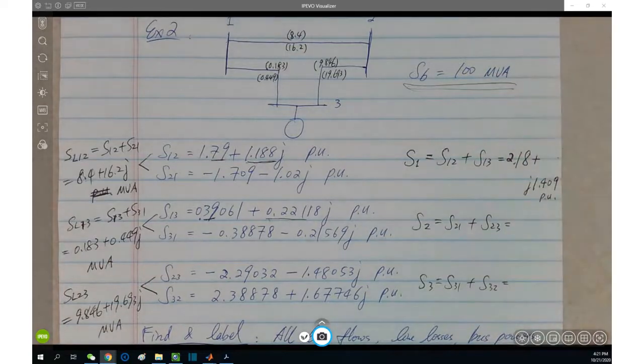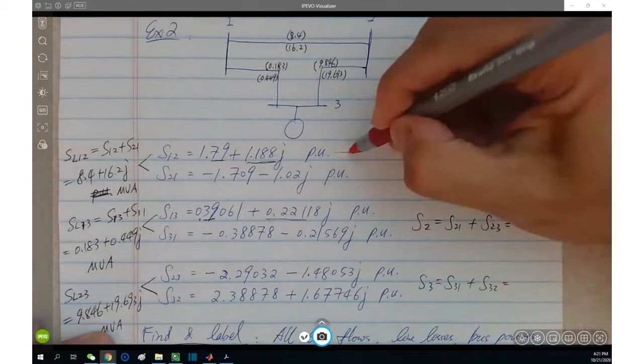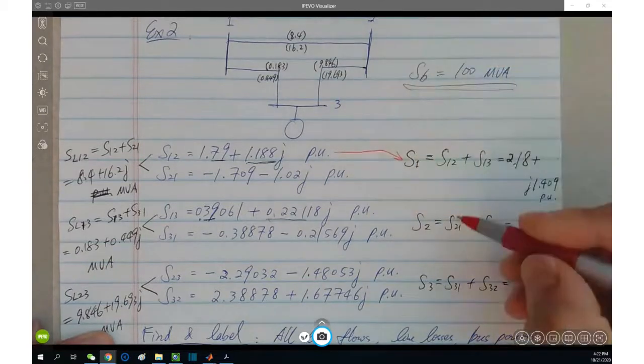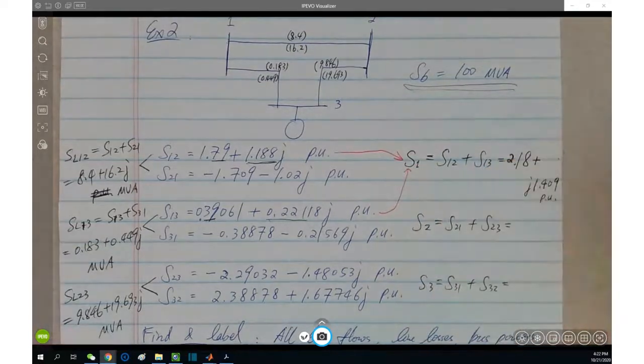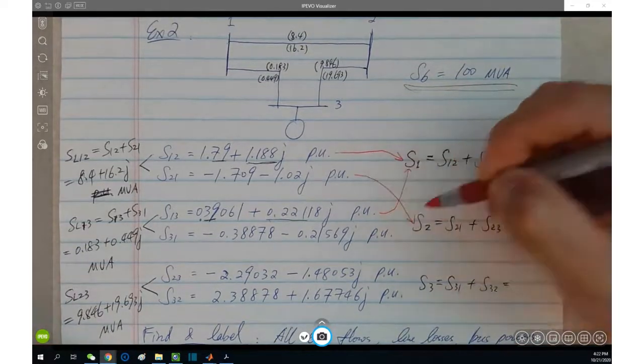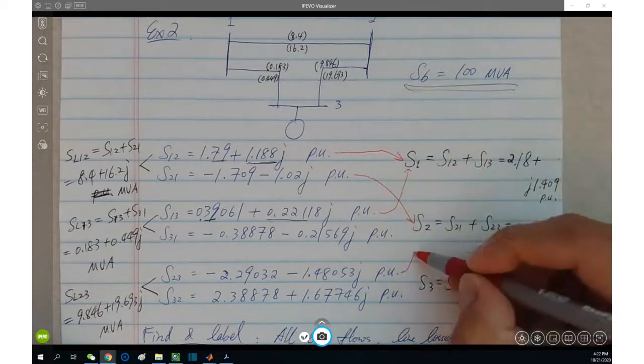Let me label this. Let's make it even. So this guy goes here. This guy goes here too, right? Now to S2, you have this guy who goes here, and this guy goes here, right?